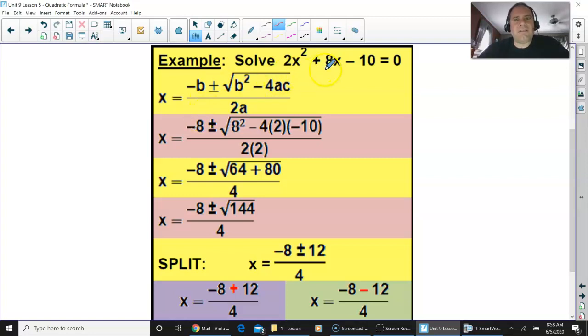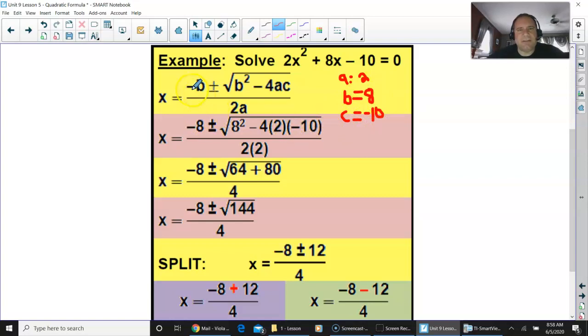So the first thing that I would do is write down your a. My a is 2. My b is 8. And my c, remember, my c is the negative 10, right? So that's what we're going to substitute in.